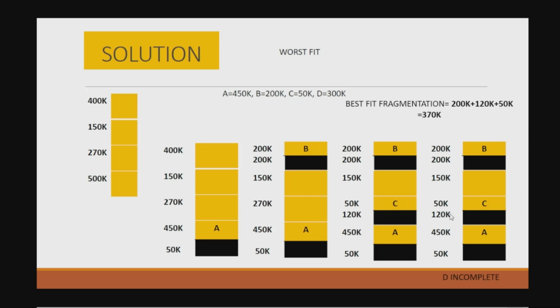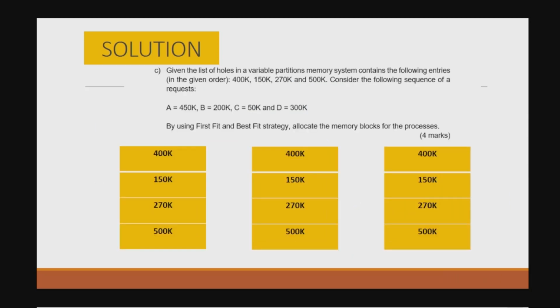So basically, based on this example, when we use different algorithms, we can have different total fragmentation. By using the first fit and best fit strategy, first fit we will get 350k, best fit will get 320, and if we use the worst fit algorithm, it will be 470k.